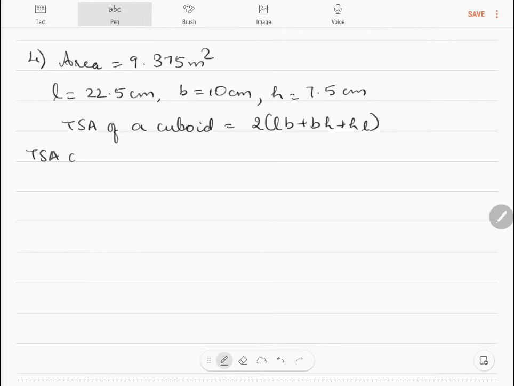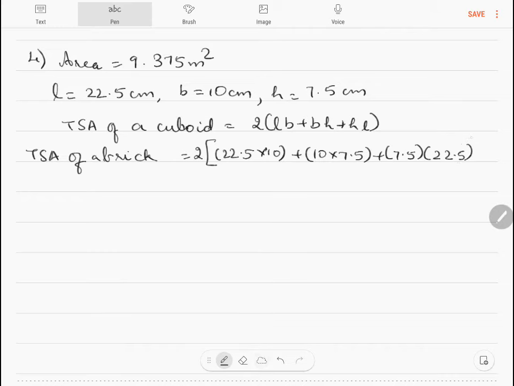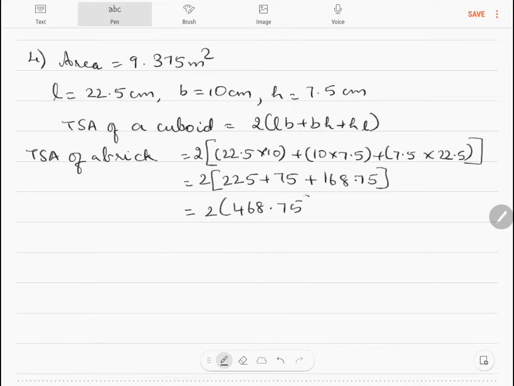So the total surface area of the brick is 2 into 22.5 into 10 plus 10 into 7.5 plus 7.5 into 22.5, which is 2 into 225 plus 75 plus 168.75, which is 2 into 468.75, which is 937.5 centimeter square. So this is the total surface area of a brick.